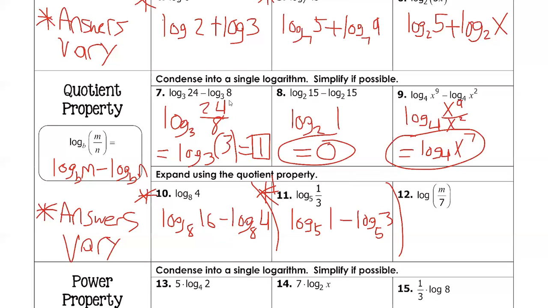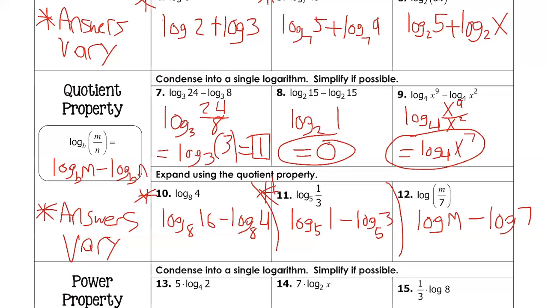But 12, like I said, is where you need to separate your variable from your coefficient or your numerical value. This would just be log of m minus log of 7. So anytime you see division, you can write it as subtraction with 2 separate logs, or if you see logs that are subtracted, you can combine them with division of your inputs.